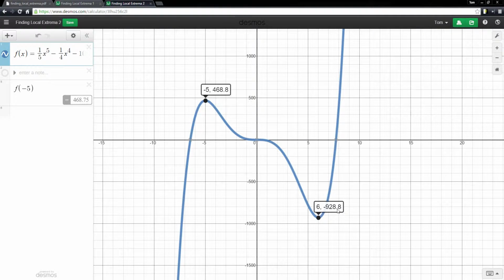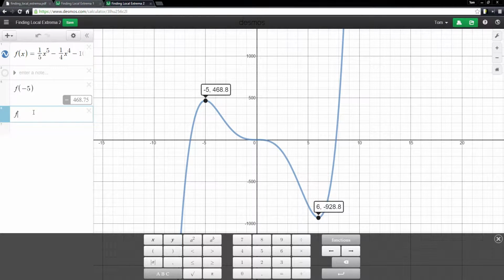Again, if you want to find the y value and you have the function, all you would have to do is plug the 6 in there and get the local minimum value, which is negative 928.8 in this example. And so that's it as far as classifying critical numbers as local maxes or local mins.